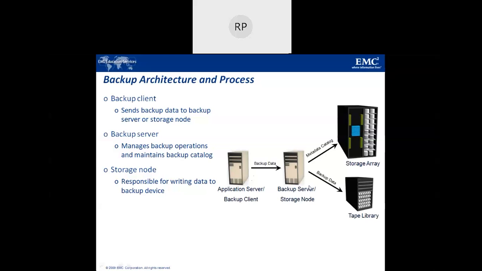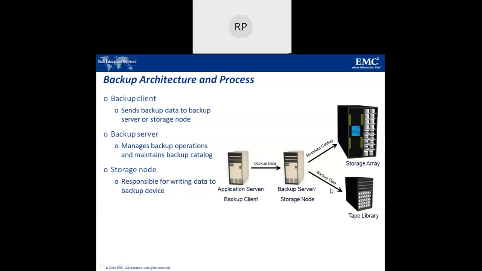And we have a storage node which is used to store the data onto the storage devices. The storage node also sends tracking information to the backup server. Means after storing the data to the storage devices, it also sends the information to the backup server.